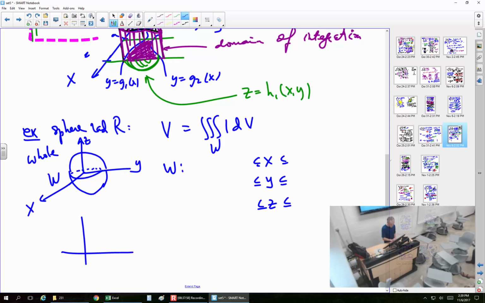so let's take a view from above. Okay. What are the limits for x? Negative r and r. All right. For y?